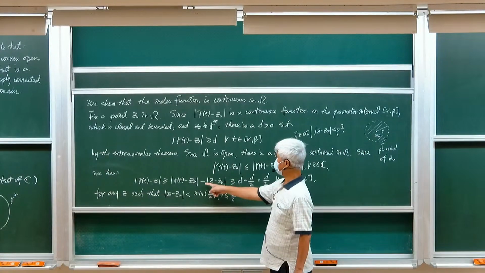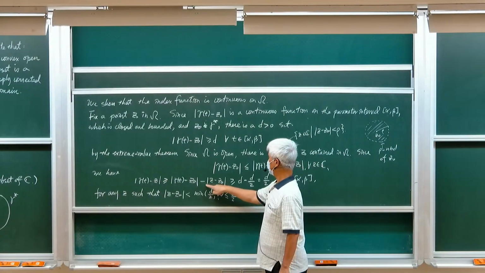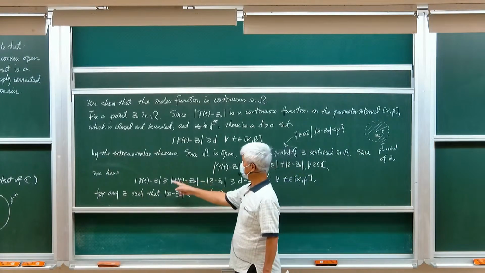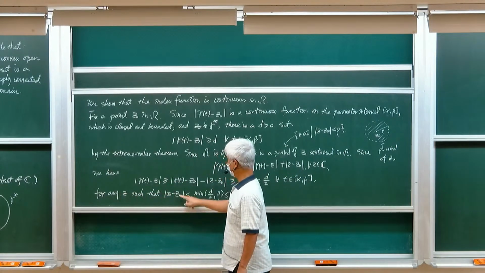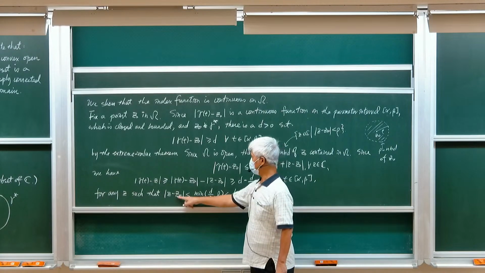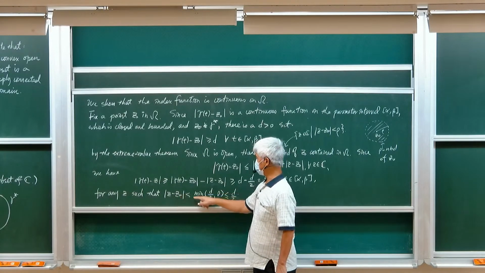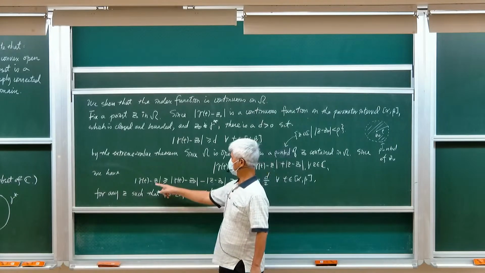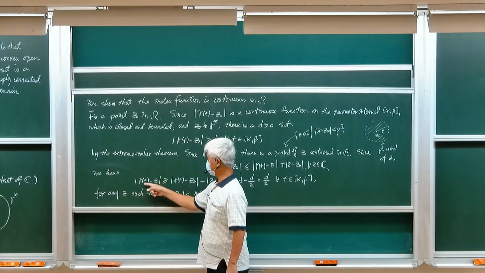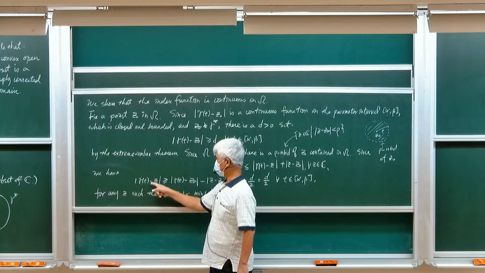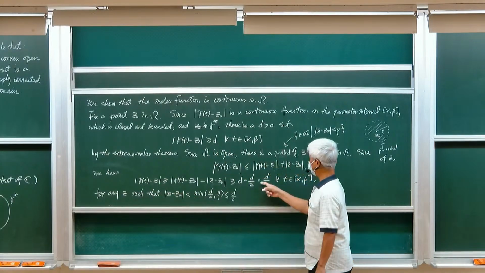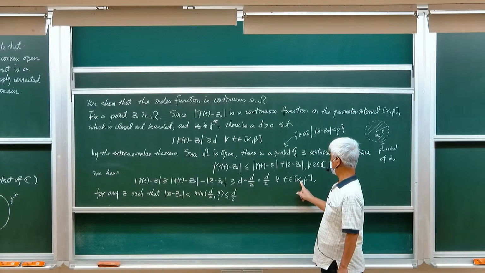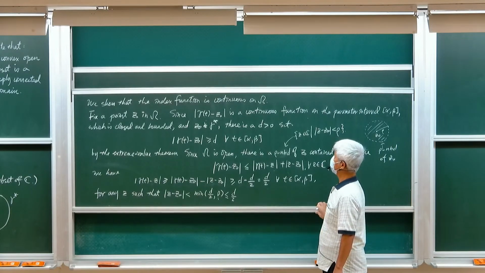So you see, for any z whose distance from z0 is less than the minimum of d over 2 and rho, the magnitude of the distance between gamma(t) and z has a lower bound d over 2 for every t in the parameter interval.